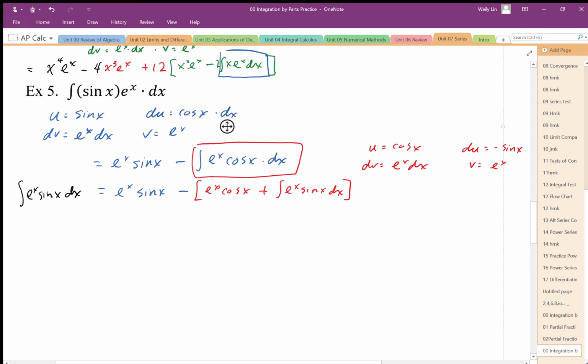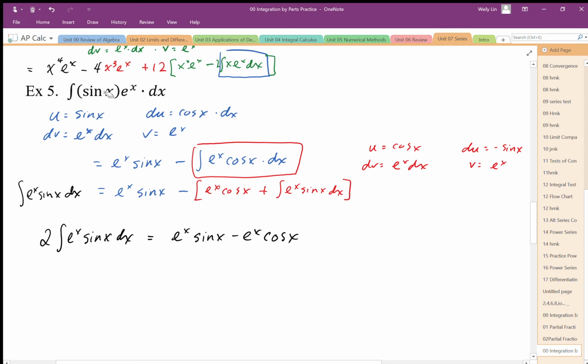I'm going to rearrange this so that I have 2 times the integral of e to the x sine x dx on this side, and on this side I'm going to be left with e to the x sine x minus e to the x cos x. And if this is really true, then I've pretty much solved for my original integral.